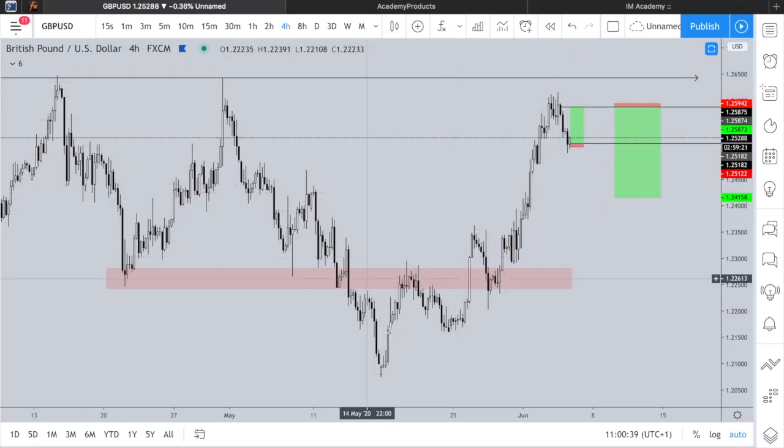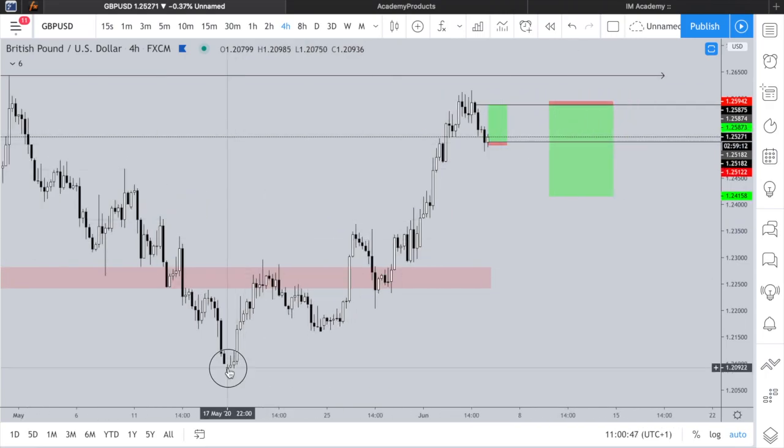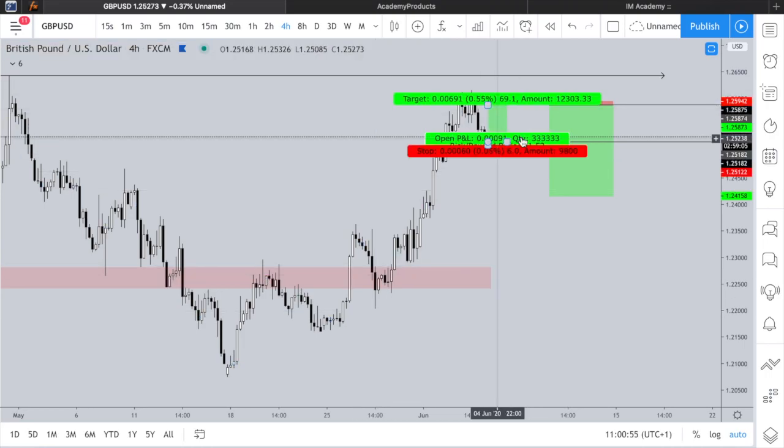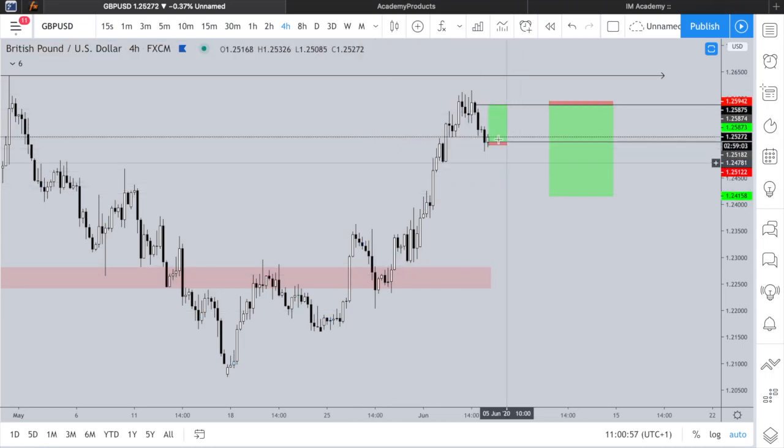Anyway, having a look at this final bit of structure over here for pound dollar, you can see that we are maintaining that perfect bullish structure, right? We've got a low, a high, higher low, higher high, higher low, higher high, potentially right now creating that higher low. Now, this may be where a lot of traders will get confused.